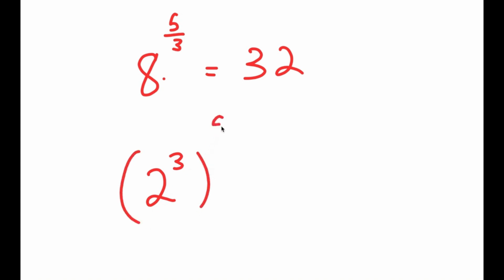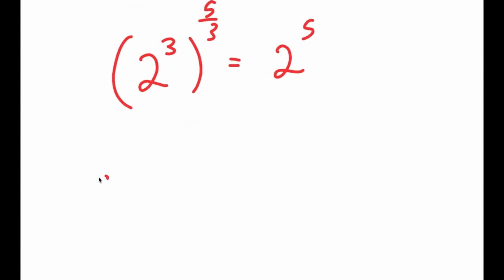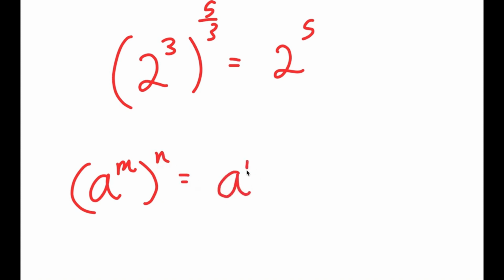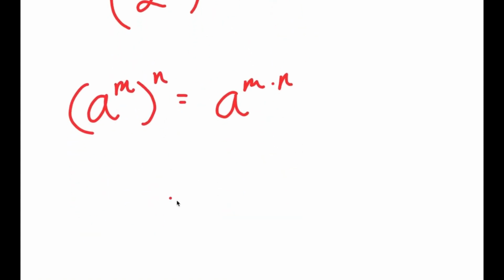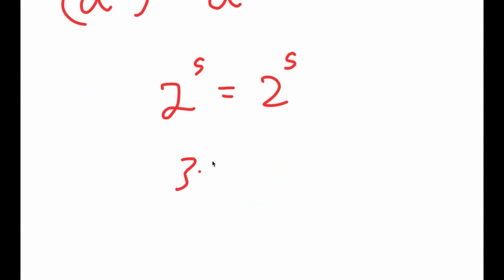So I get 2 to the power of 3 to the power of 5 over 3 is equal to 32, and 32 is the same thing as 2 to the power of 5. And if I have something in the form a to the power of m to the power of n, this is equal to a to the power of m times n. So these two 3's cancel out, and I get 2 to the power of 5 is equal to 2 to the power of 5, or this is the same thing as 32 is equal to 32.